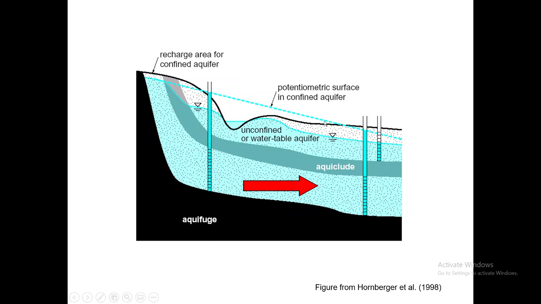So this pressure is equal to the surface pressure. That's why we are declaring it equal to atmospheric pressure, and the water is free to move in this aquifer. And this is flow direction based on the slope of the head.